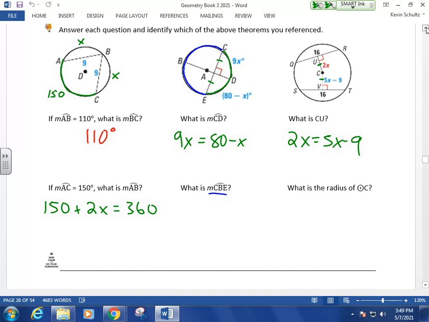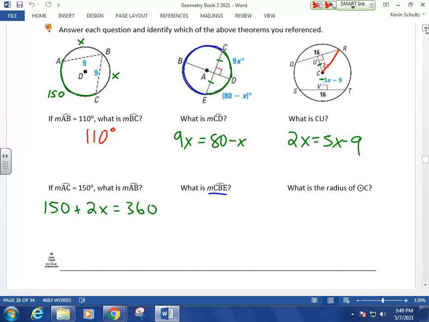Then, the last one here says, what is the radius of circle C? I don't see a radius of circle C. Do you? Well, if we're not given a radius to circle C, let's draw a radius. If I just draw a radius going out like that, that's not going to be very helpful. What if I were to draw the radius of circle C to connect with point R?